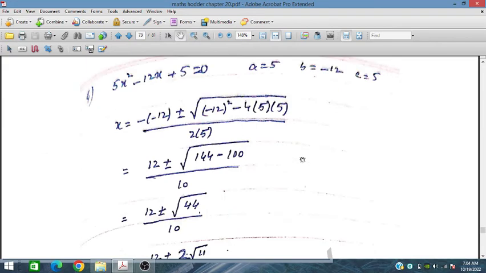So this is 5x square minus 12x plus 5 equal to 0. Here we have 5 and minus 12 placed at the respective positions. Make sure the plus minus sign is very, very important. In place of b you write minus 12 whole square.